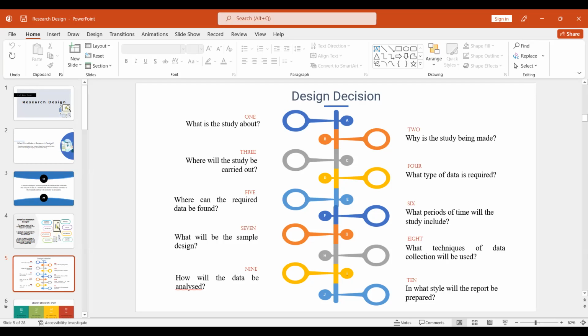The techniques of data collection will be through questionnaire or interview method, or other certain structured methods. The questionnaires may be structured, unstructured, or semi-structured. And how will the data be analyzed? What statistical test is to be used?